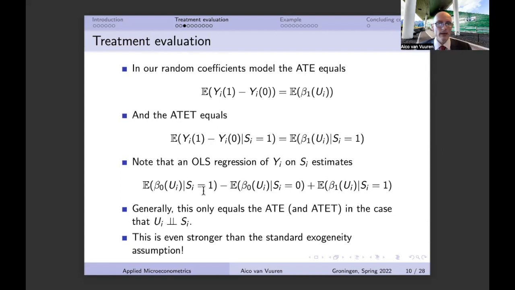In that sense, you always know that U and S are independent from each other, and then of course we are able to use ordinary least squares to estimate the average treatment effect, as well as the average treatment effect among the treated, even in this random coefficients model.